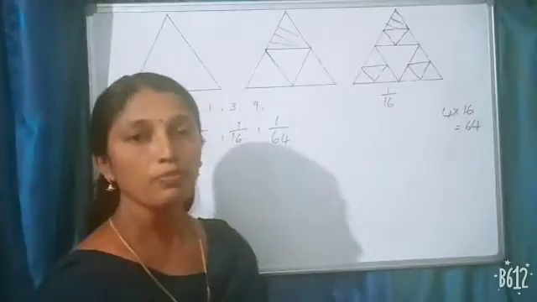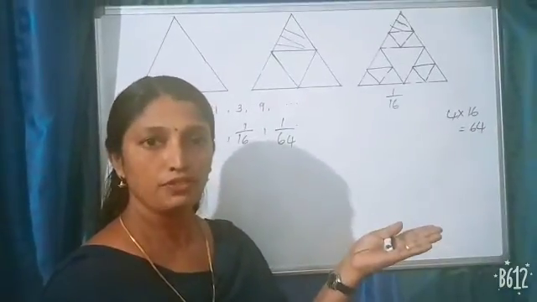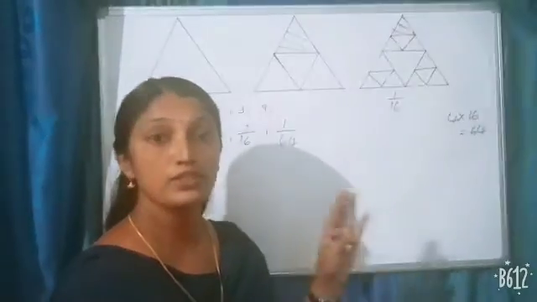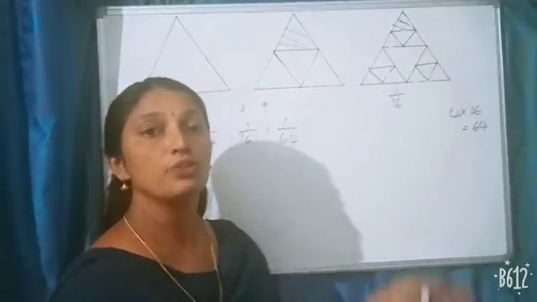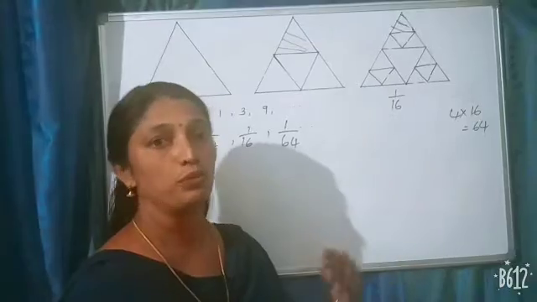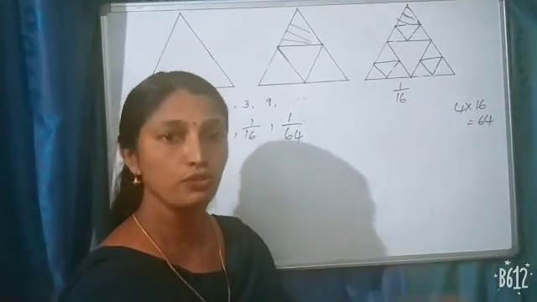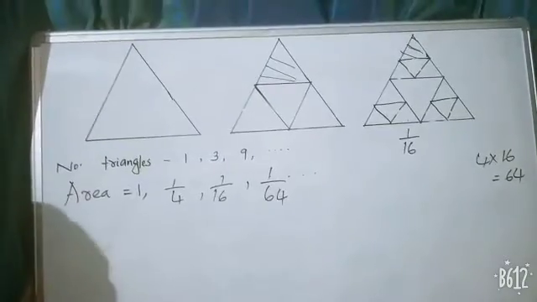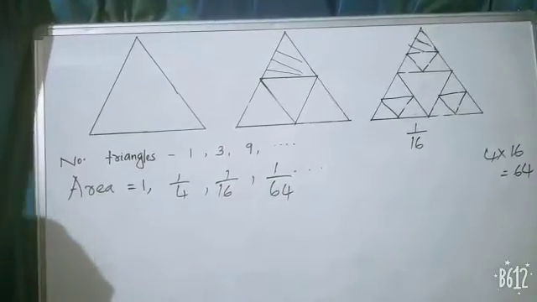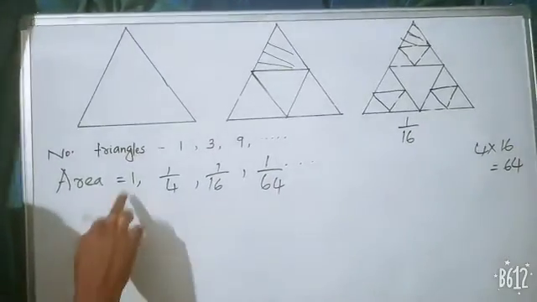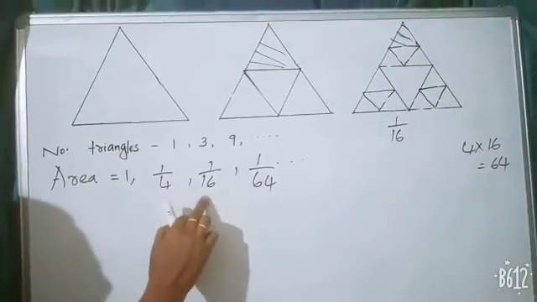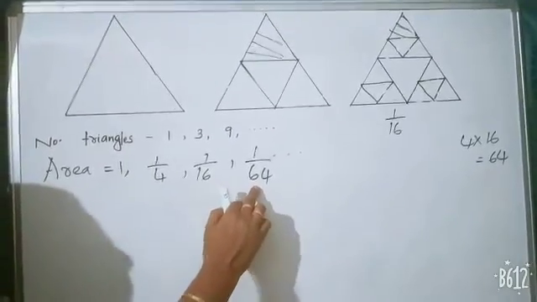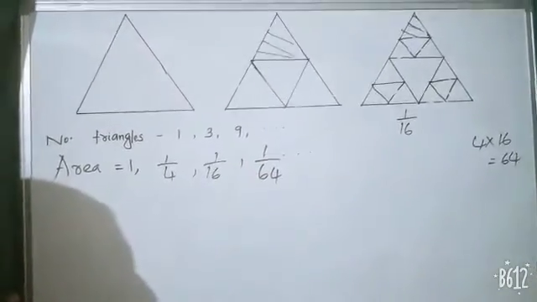64. So in the next figure, each of those 64 triangles we have to divide further into 4. So 64 into 4. That is the sequence of areas. 1, 1 by 4, 1 by 16, 1 by 64 and so on.